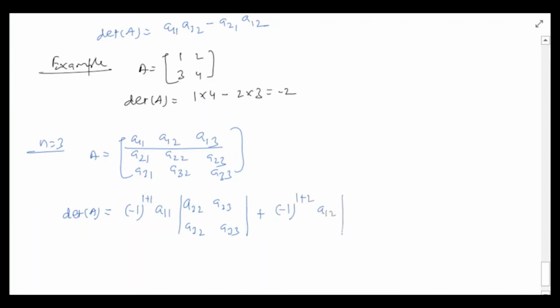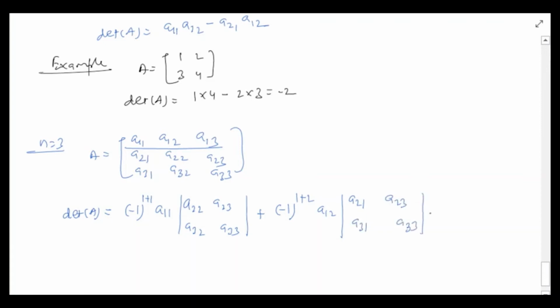A12. I'll again ignore the row and column corresponding to this entry, that is, I'll ignore the first row and the second column, and will consider the determinant of the remaining submatrix, which now becomes A21, A23, A31 and A33.